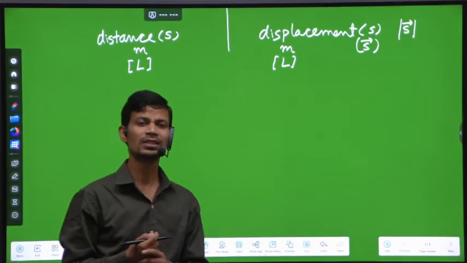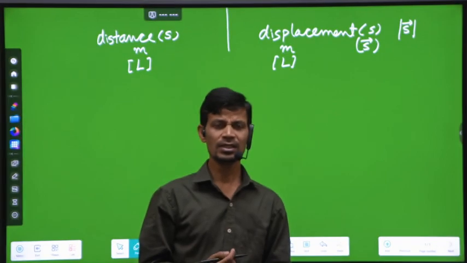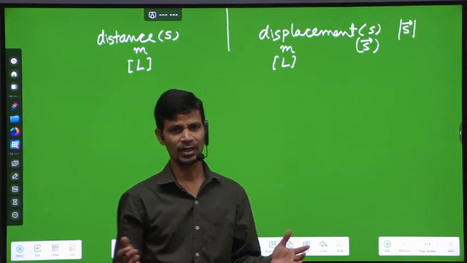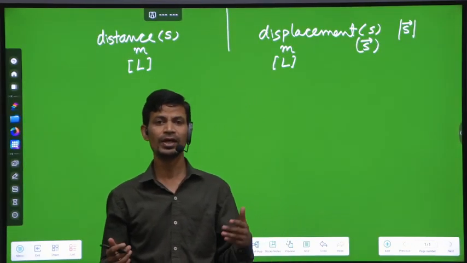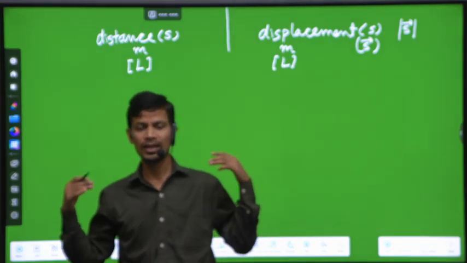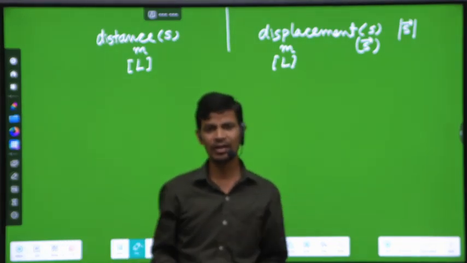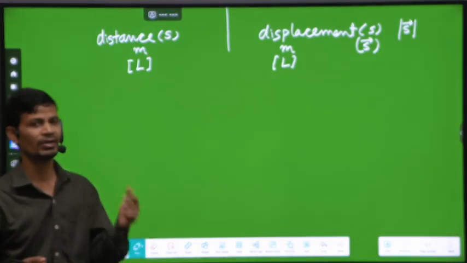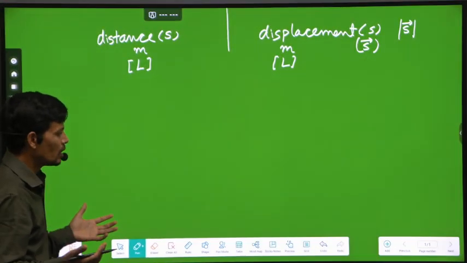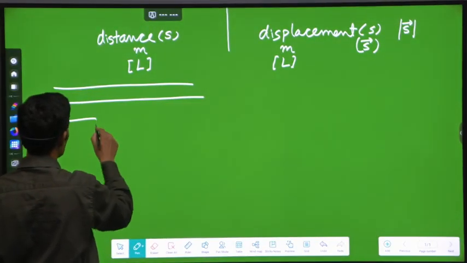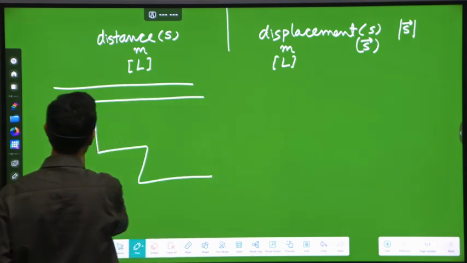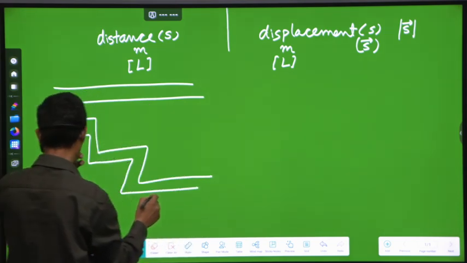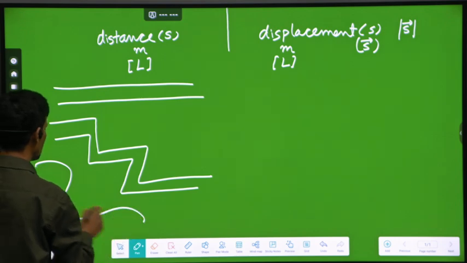But what is the distance? Distance is simply the length of the path, but this is half of the story. We are interested in the distance traveled by an object. So distance is the length of the path traveled by an object. No matter what is the shape of the path, whether it is a straight line, whether it is a zigzag line, or whether it is a curved line.